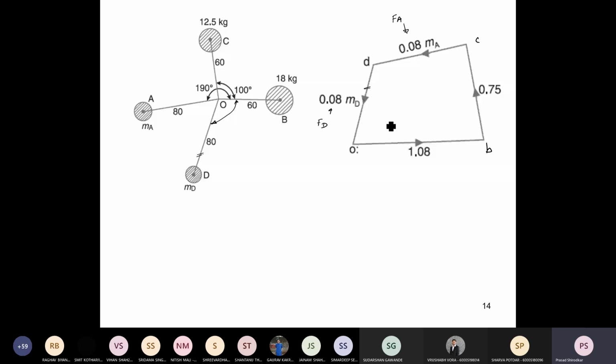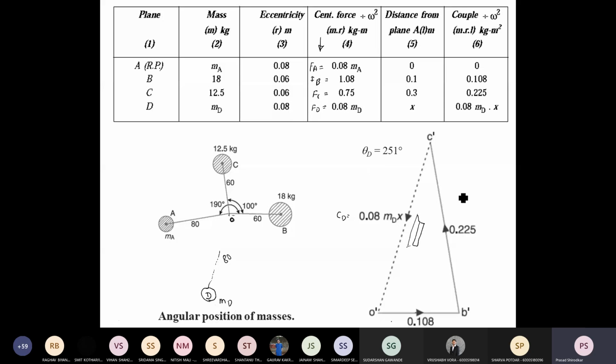Angular position you don't get from here. Angular position you read directly from here, which you have got from the couple polygon. See, theta D is 251 degrees. That is this total angle.